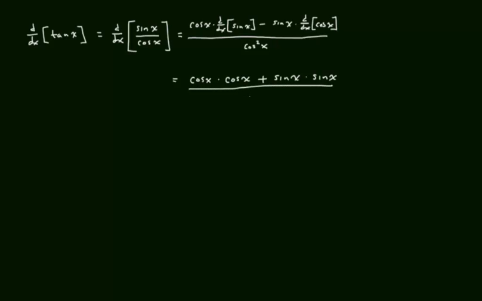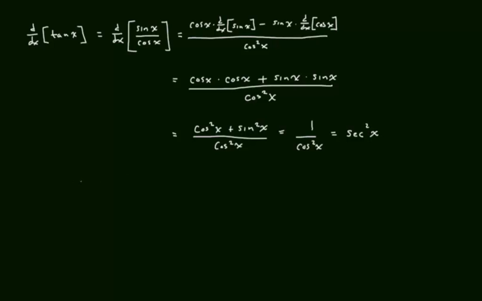all over. And then in the numerator, we have cosine squared of x plus sine squared x, and that should ring a bell to you, over the cosine squared x, which comes out to be 1 over cosine squared x, or also we could write is equal to secant squared of x.